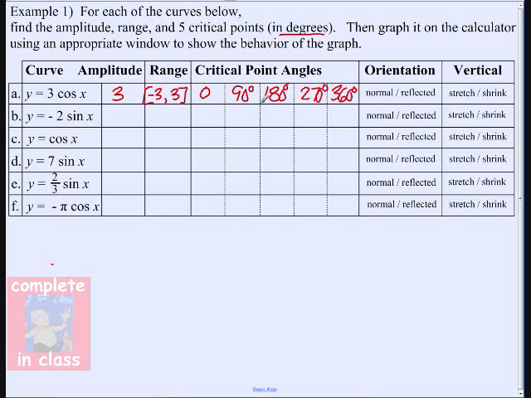Critical point angles. And its orientation, because this is positive, we say its orientation is normal. For the next one down, which is negative, that one's going to be reflected. Is this being stretched or shrunk? Because the absolute value of this is greater than 1, this is a stretch. Okay, so we'll finish the rest of these in class. It'll be simple enough. Complete in class.